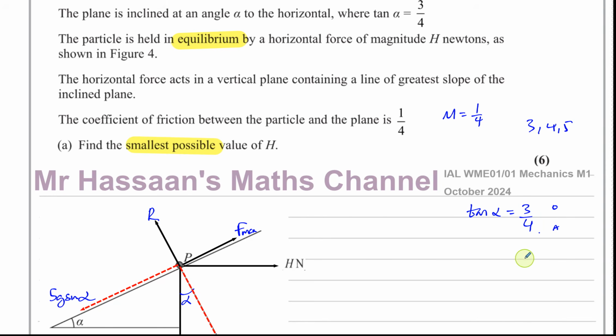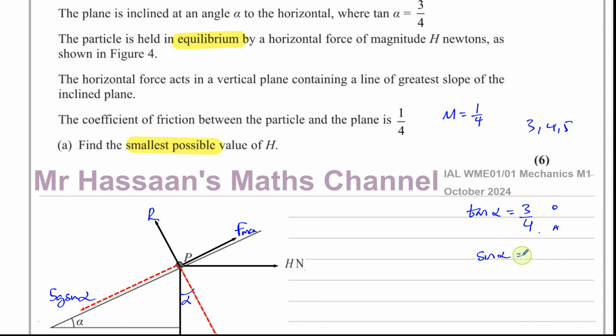So even without drawing a diagram, we could understand that if this is the opposite and this is the adjacent, the third side, the hypotenuse, comes from the sum of the squares of these two sides. 3 squared plus 4 squared equals 5 squared.